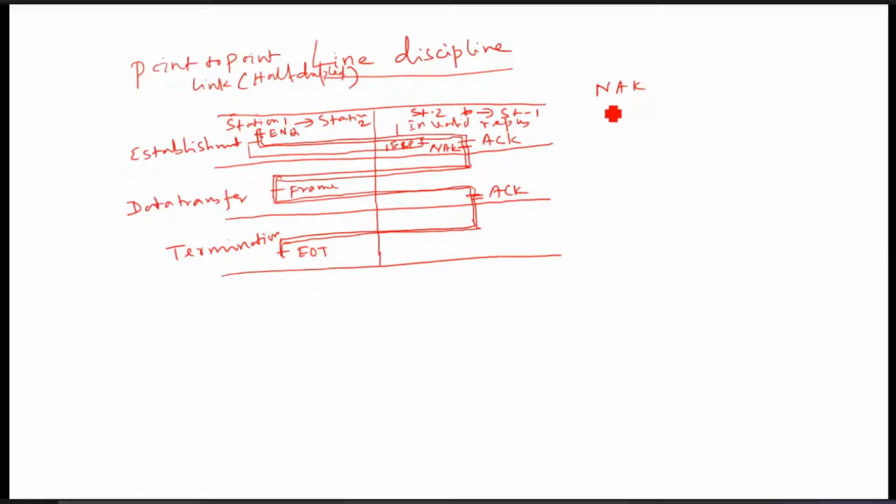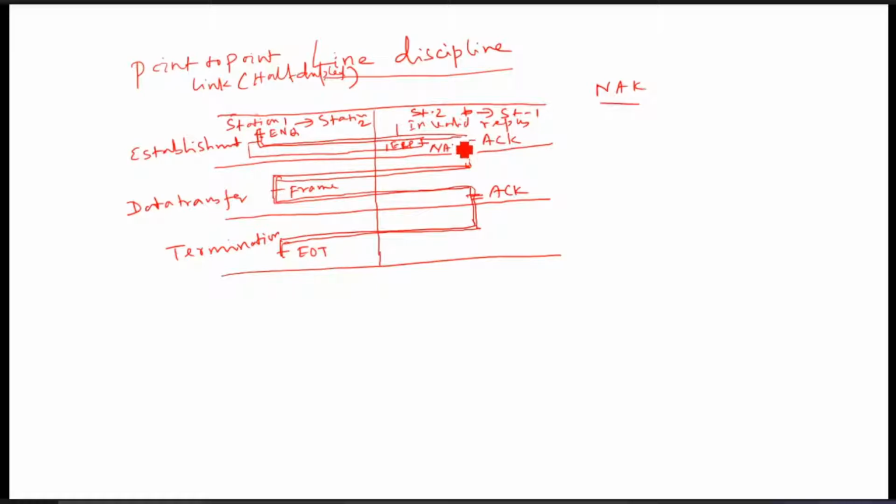So that is the meaning of this negative acknowledgement. It can be sent by the station here or here. If it is here, that means it is not ready to receive. If it is here, that means data are in error. Also, a station may fail to respond, or respond with an invalid message. That is this one, right?